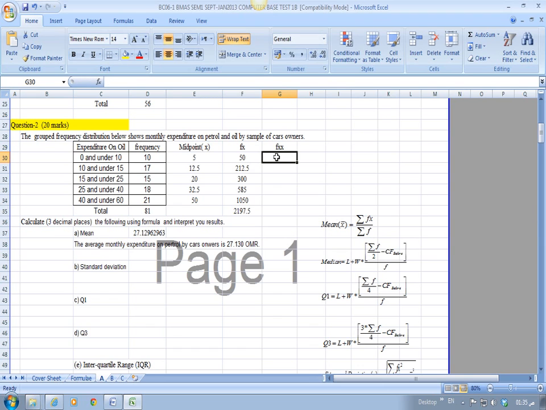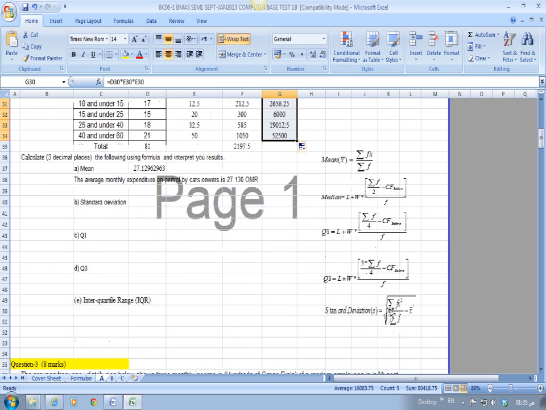So here we multiply the frequency by x, again by x, so it means that x is squared, and then press enter, then drag it down.